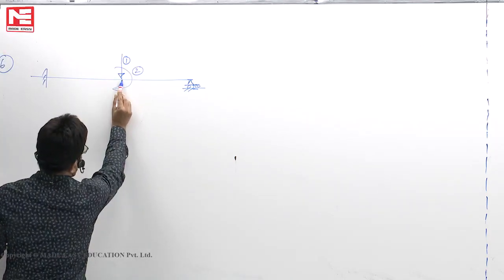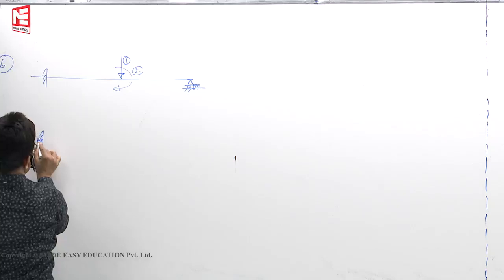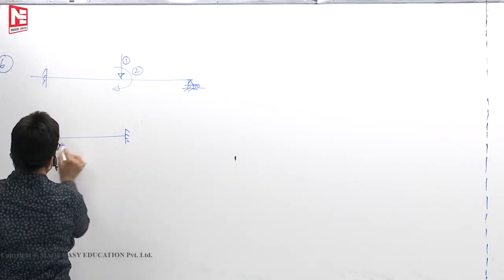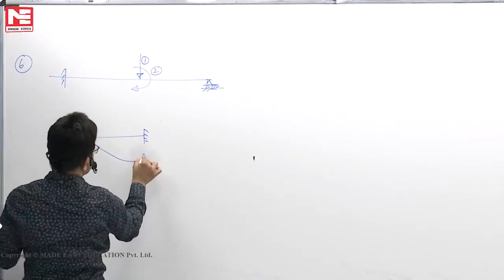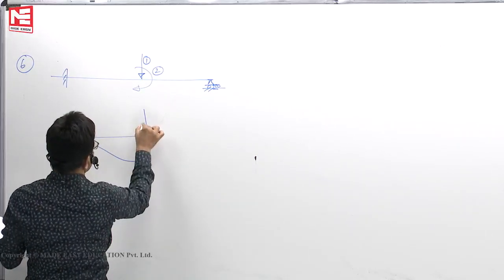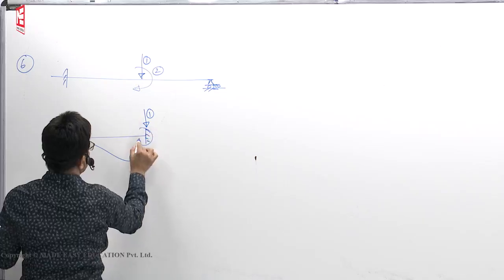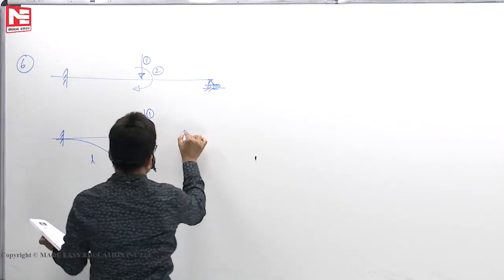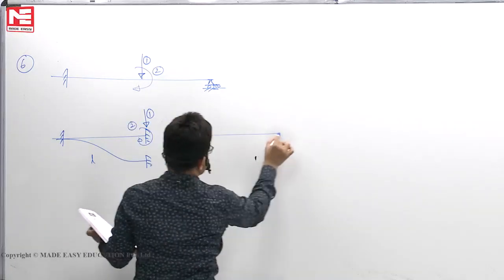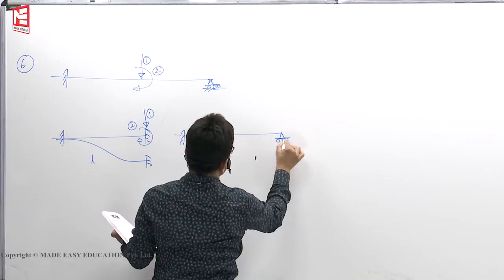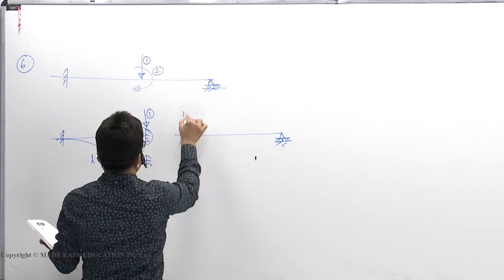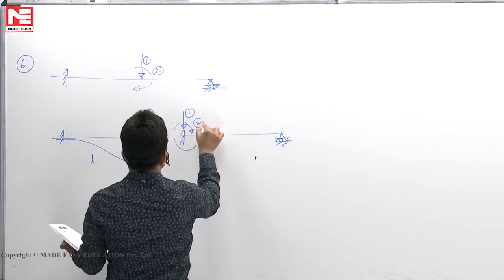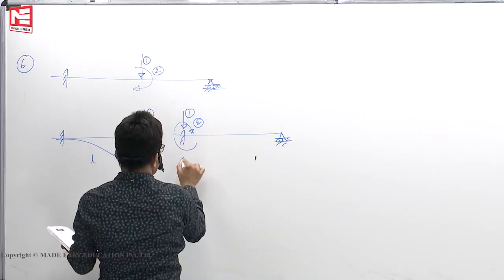After fixing all the coordinates, then give unit displacement. Rotation you fix it. That means it cannot rotate. Without rotating, it should displace like this in the coordinate 1 direction. Coordinate 2 must be fixed. This length is L. This is hinge. As it is, you have to keep it roller. This is coordinate 1 here. Clockwise means here also it should be clockwise. Without rotating, I have to pull it down.